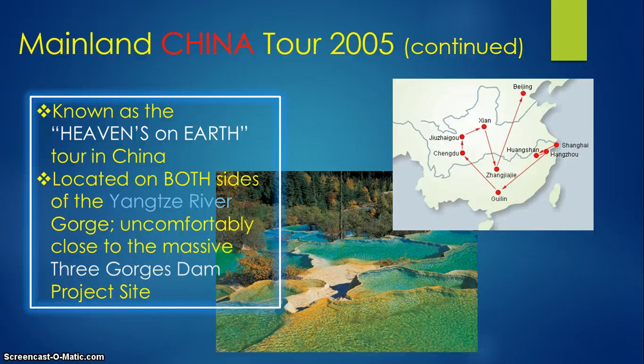A couple of the places we went are some of the most pristine and beautiful places in the world. Although they're not located directly on the Yangtze River, the river valleys that they are on are tributaries of the Yangtze. So this backing up of the pollution and silt could one day affect these places.